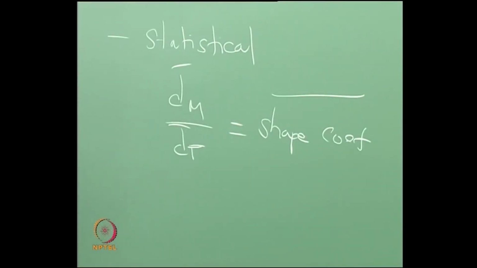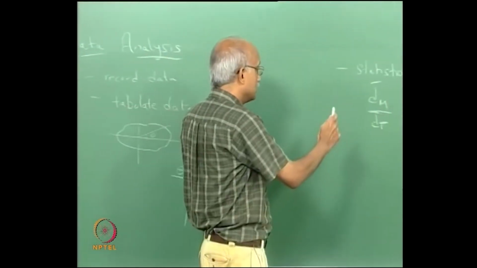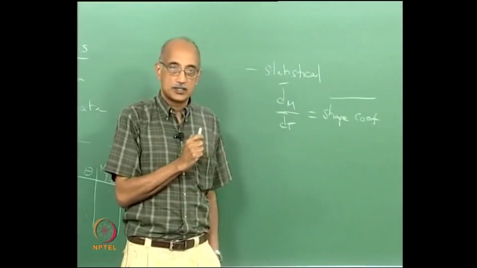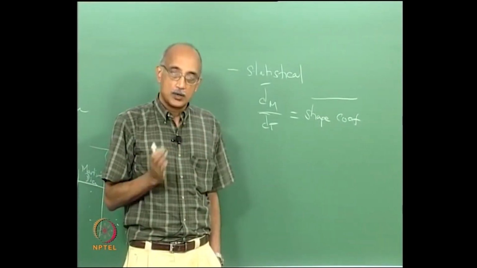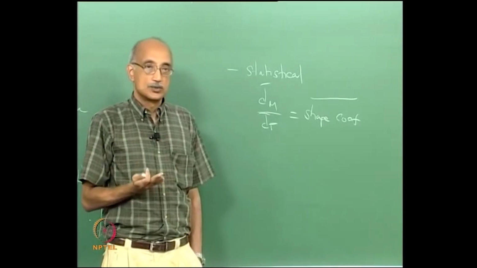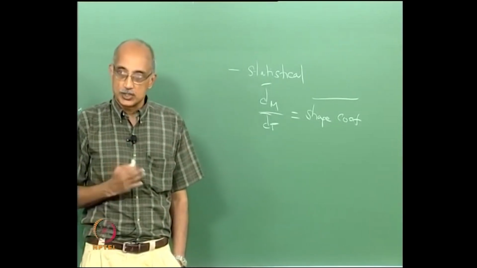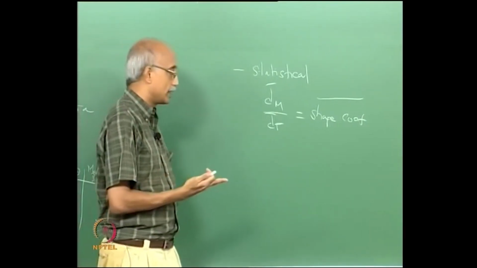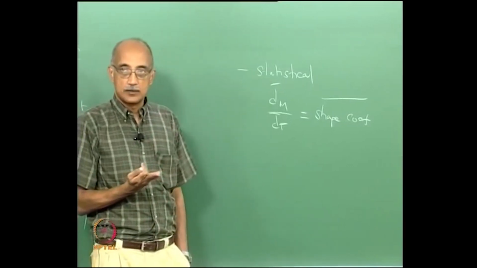So this is a very simple statistical representation where you are only taking the means of your measurements as a function of theta. However, if you want to do a more sophisticated analysis from a statistical viewpoint, you can also look at the standard deviations, right.